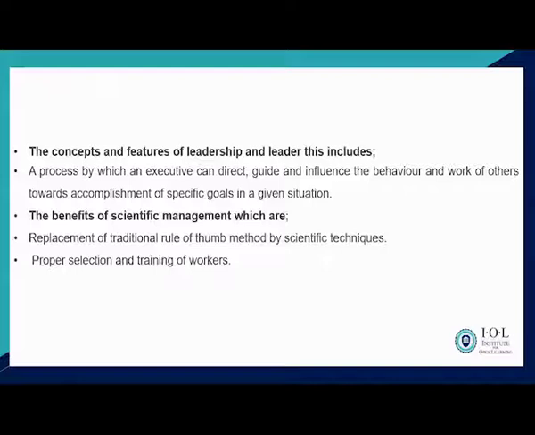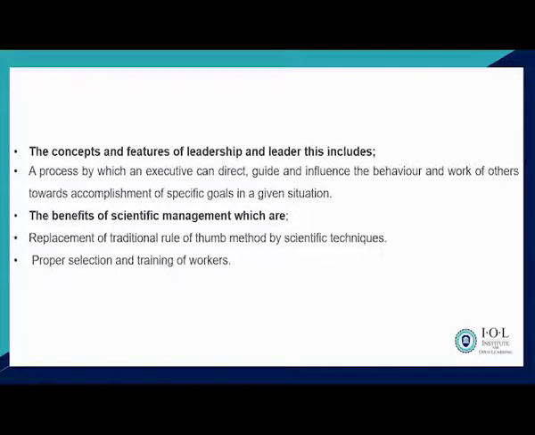It replaces the traditional rule of thumb method with scientific technique. In other words, we replace the traditional practice and bring in scientific technique, which is an easier approach, along with proper selection and training of workers. The scientific approach also looks at the best skills and the expertise within the workers.